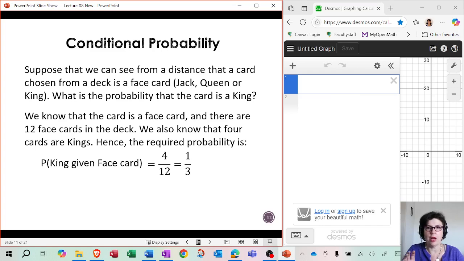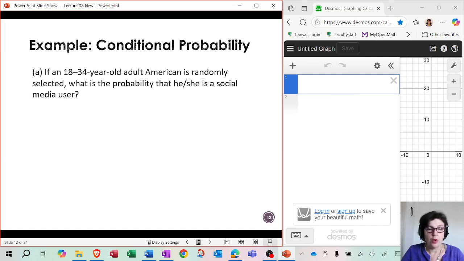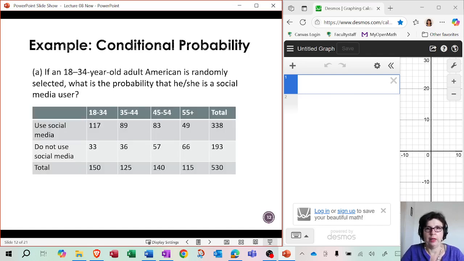So you can see that now we're not dividing by 52, but we are dividing by the condition. The condition was the face card. So that is also 1/3, which shouldn't be surprising because king is just 1 out of 3 possibilities: Jack, Queen, or King.